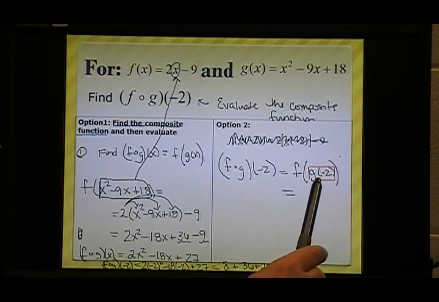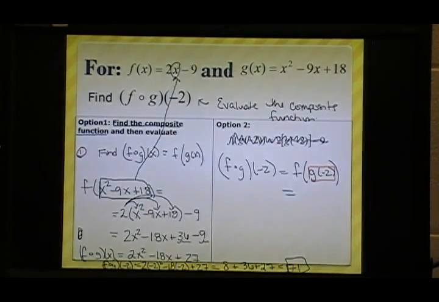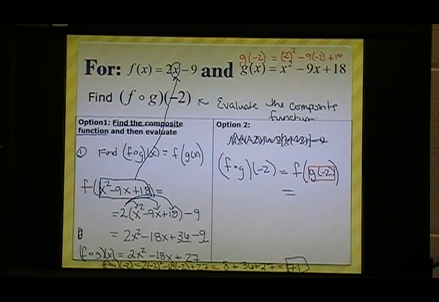So to find g of -2, we're going to substitute -2 into g. So g of -2, we have negative 2 quantity squared minus 9 times negative 2 plus 18. So that's 4 plus 18 plus 18, which is 40. So g of negative 2 is 40, so I can rewrite this as f of 40.